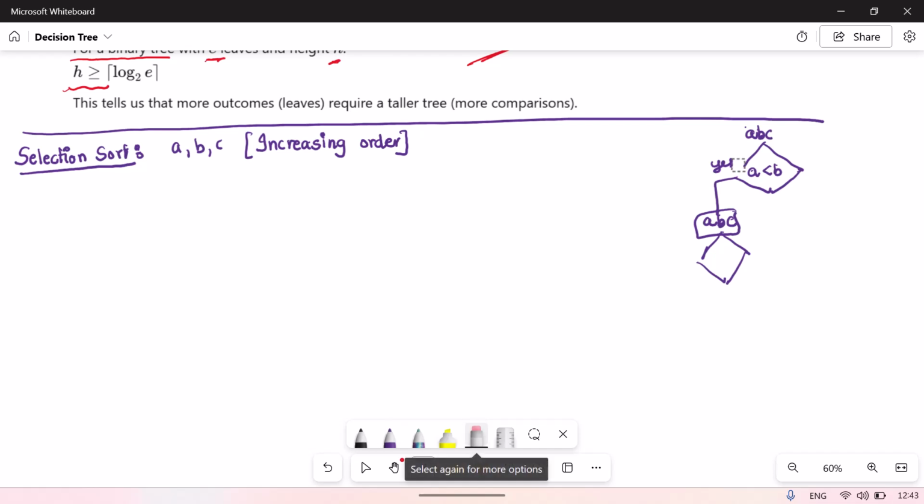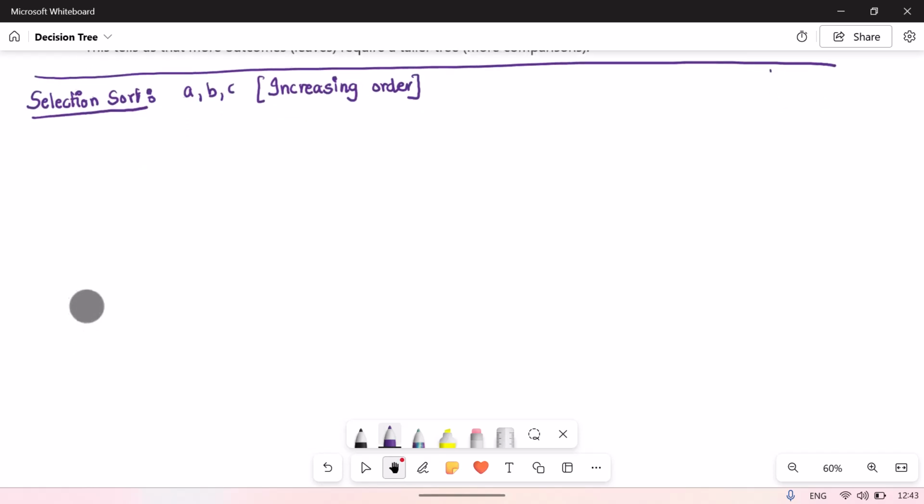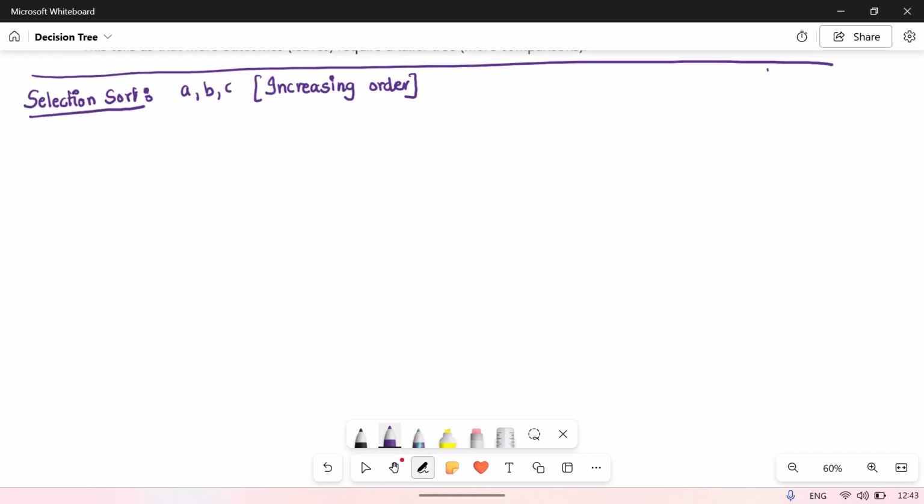So let us go to the condition itself. Here, three elements are A, B, and C. Initially, I will assume that the order is A, B, and C. Now let me check if A is less than B.